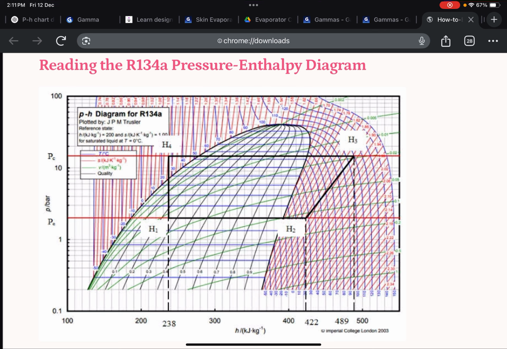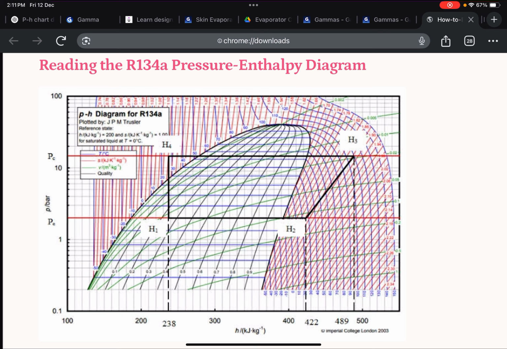There is a straight line drawn from H1 to H2, where the specific enthalpy increases from 238 kilojoules per kg up to 422 kilojoules per kg. Why is this enthalpy increasing? Because of the refrigerating effect.